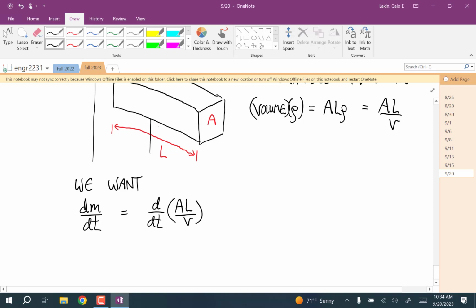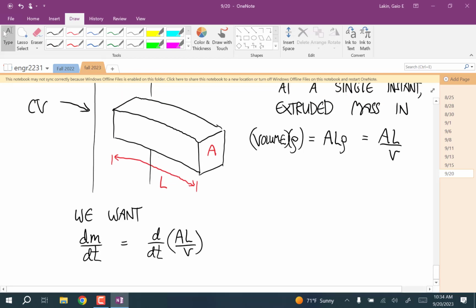Well, do any of those things change in time? I mean, you're imagining that this is a snapshot as you're squirting this material out, extruding this material. That cross-sectional area doesn't change. The specific volume doesn't change, but the length is changing, right?